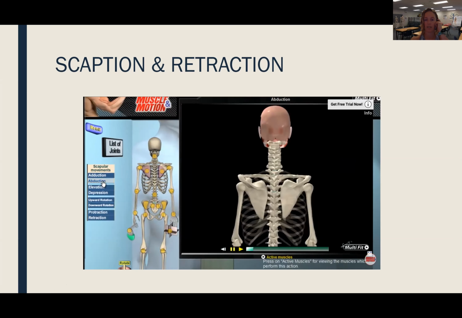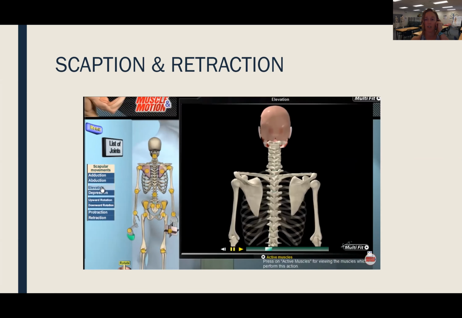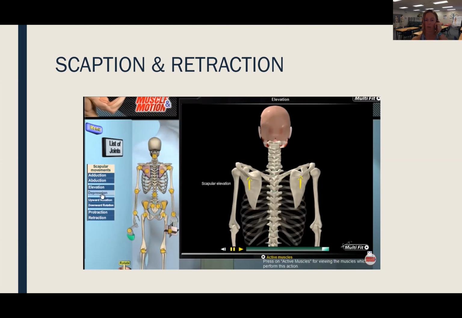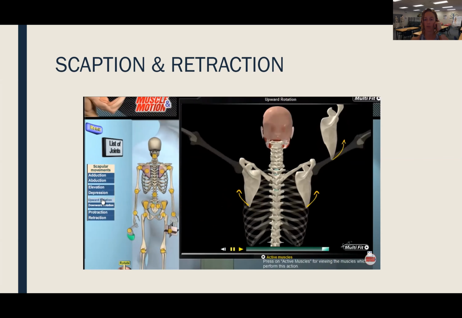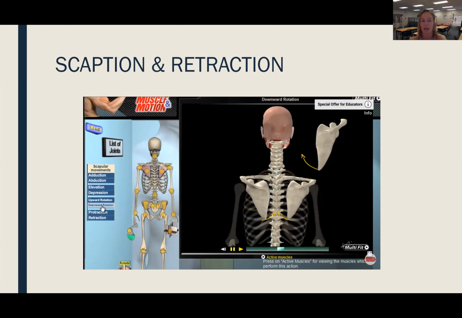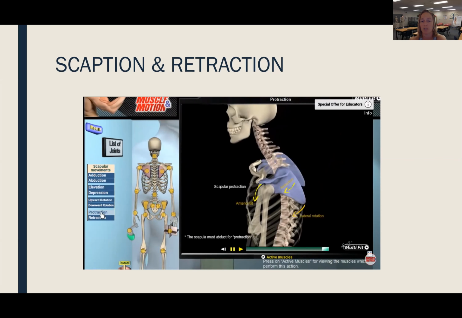So that is just the adduction towards the midline, away, and then we have elevation, depression. Notice that that is moving in a multiplanar way, so that is scaption, okay? So that is including many movements there.